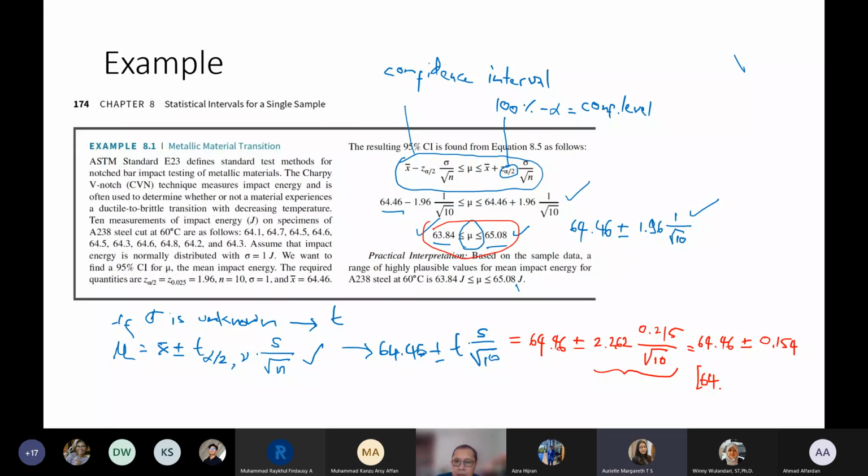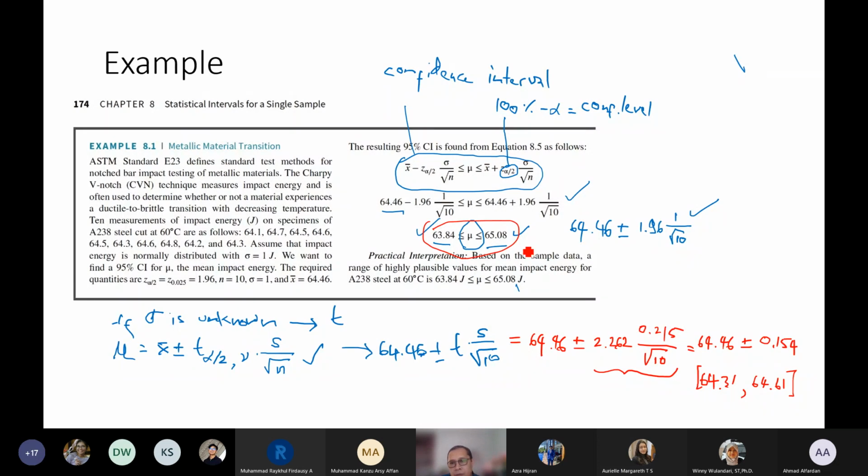Okay, I'm going to write it as just 2 decimals, like that. And the upper bound is 64.661. Okay. All right, okay.